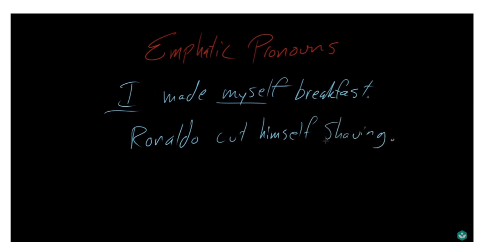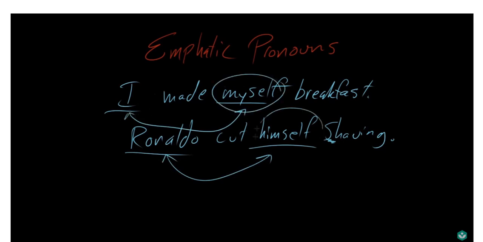Sorry about the capital S there. That is a mistake. So Ronaldo and himself and I and myself, these are called reflexive pronouns, and we use them when the subject and the object of a sentence is the same thing. Right. But there's another way to use these reflexive pronouns, and it's called emphatic usage.